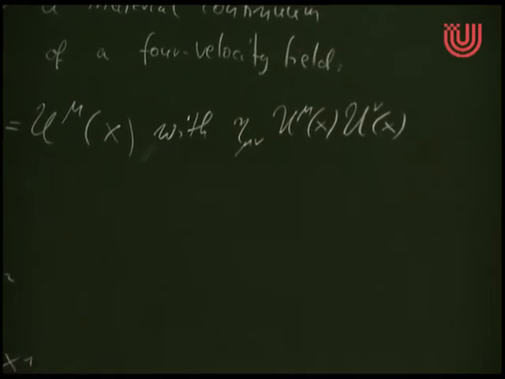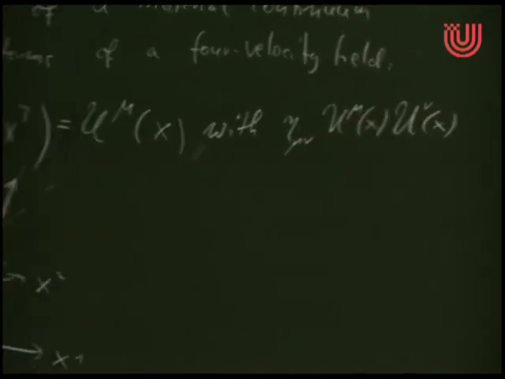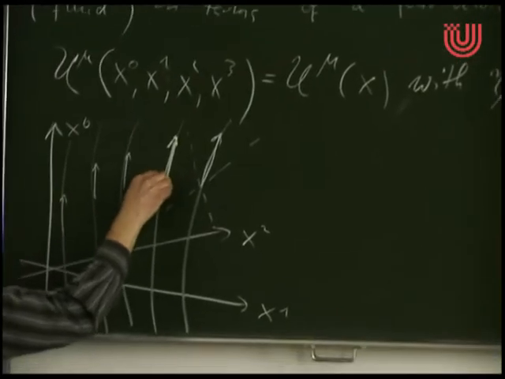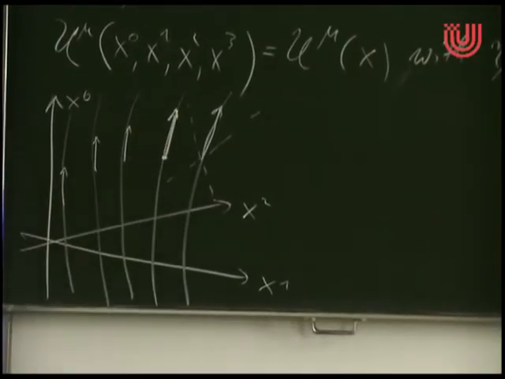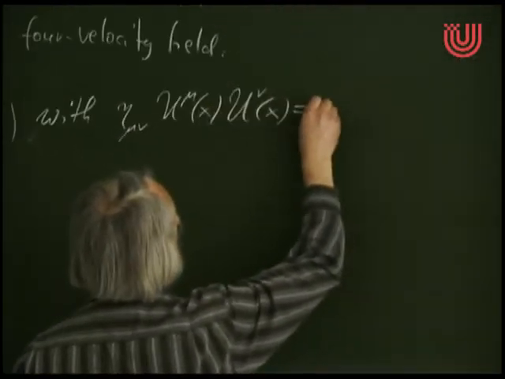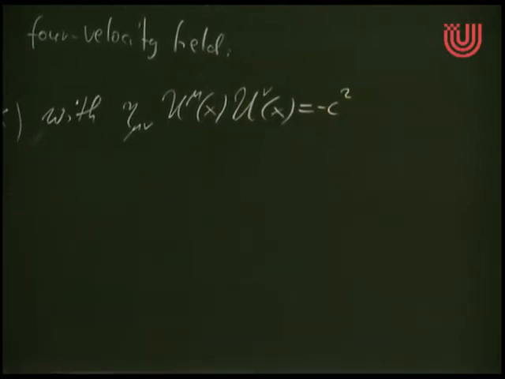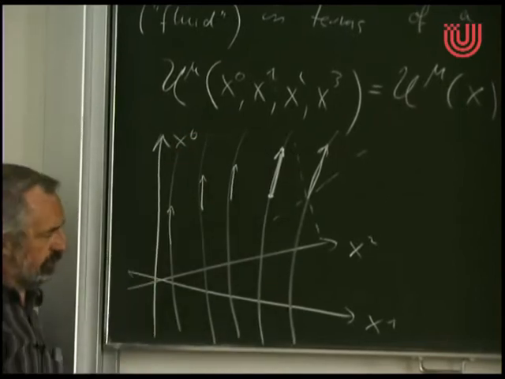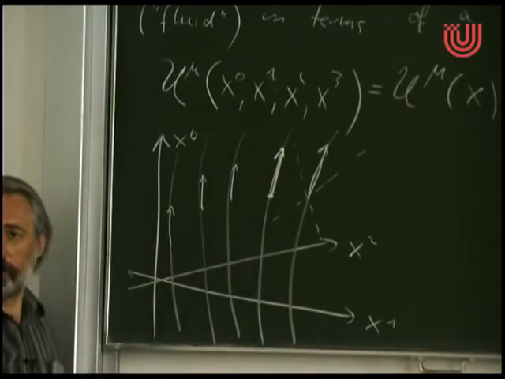And we had this convention that whenever we have a four velocity, we normalize it in order to remove this freedom of stretching or shrinking it. So we normalize it to minus c squared. This means if we have an observer who lives on one of these flow lines, such observers are called co-moving observers.